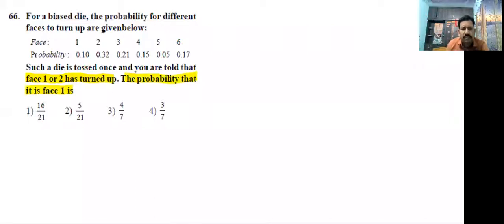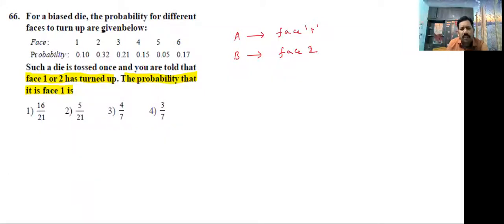Students, how to do this? First write that A be the event of face 1, and B be the event of face 2. Here it is already given face 1 or 2.